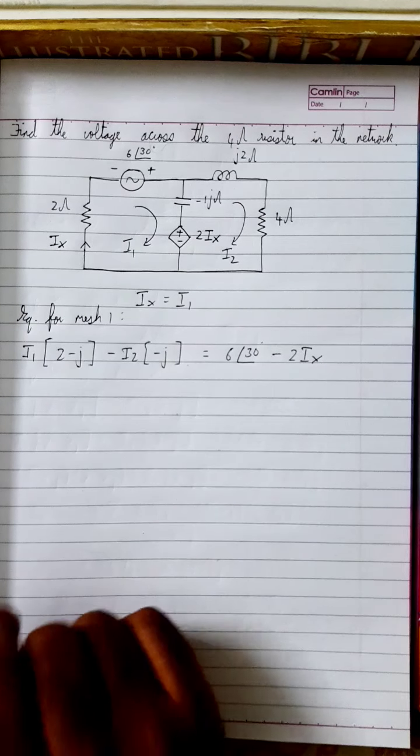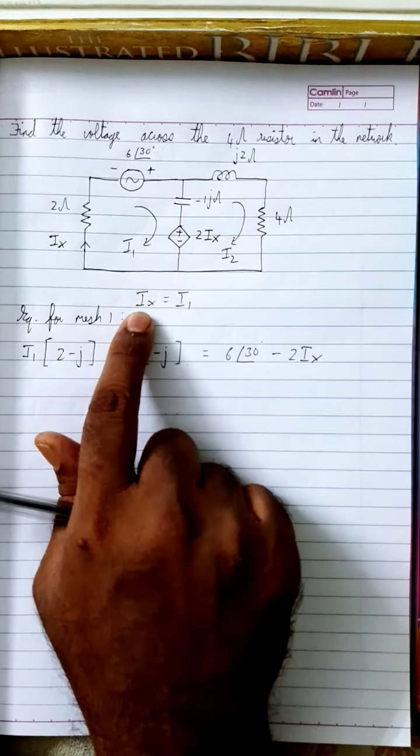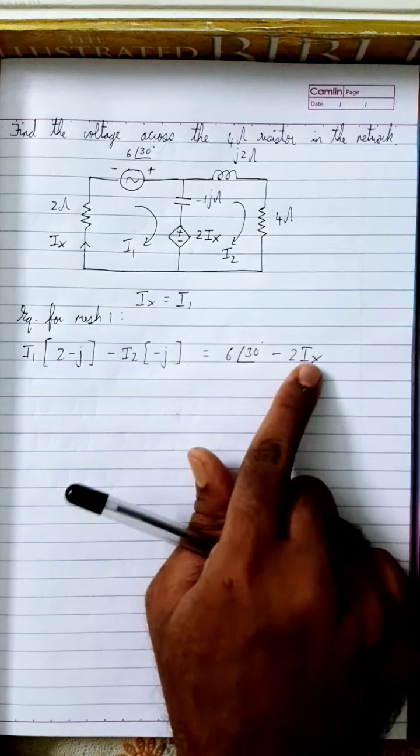Now I can simplify this equation, because I already know that ix is equal to I1. So I can substitute that over here and bring that term over here.